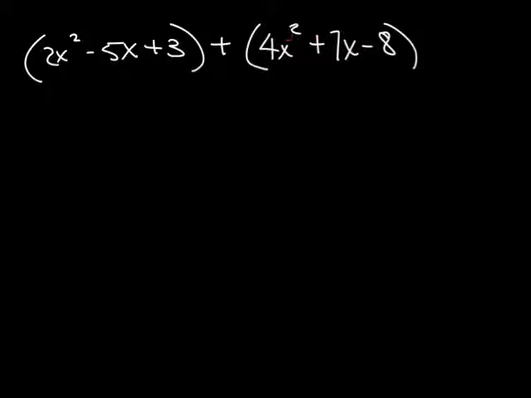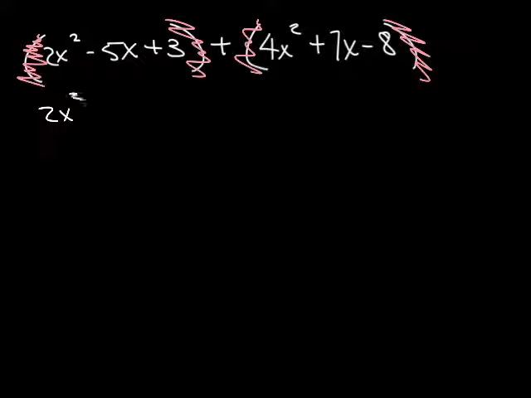When these things are added, all we have to do to actually add these is get rid of, and I'm going to have to scribble them out because my eraser doesn't work here, all of the parenthesis signs. Okay, so those are gone. So let's go ahead and rewrite that so it doesn't look so messy.